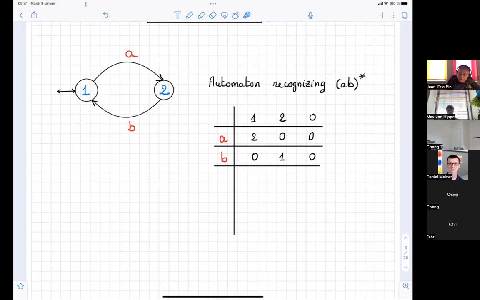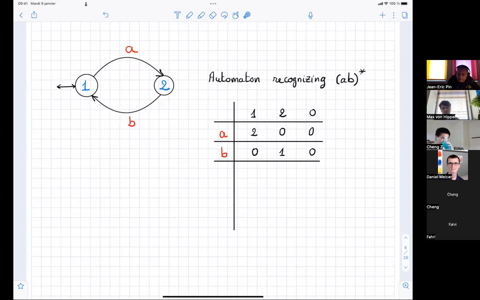This arrow, so I write this 1 onto 2. From 2, there is no image, so I put a 0 just to say it's undefined, if you prefer. So I write it this way. And for B, it goes from 2 to 1. And in 1, it is undefined.